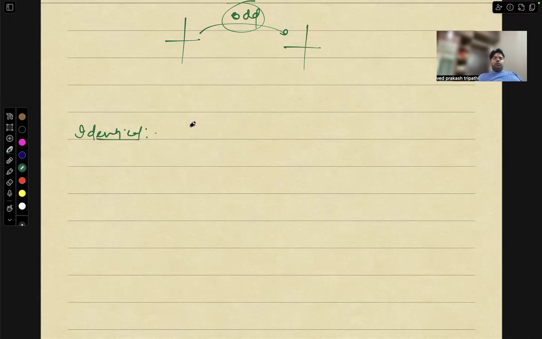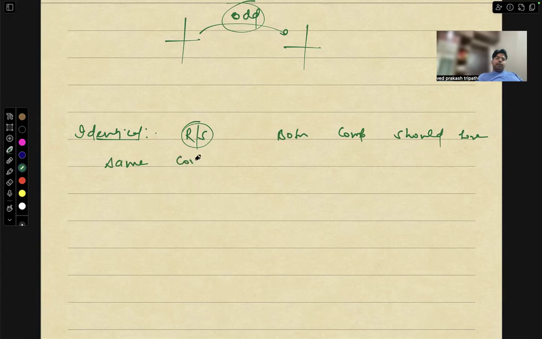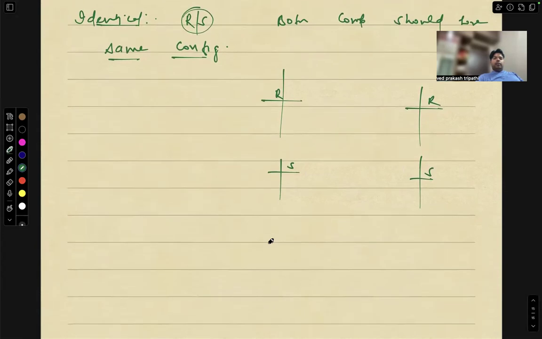Okay. Next is identical. Identical means superimposable, and in the RS method we can say both compounds should have the same configuration. This is called the RS method. Both the compounds should have the same configuration like this: R, R, S, S. So they are identical.